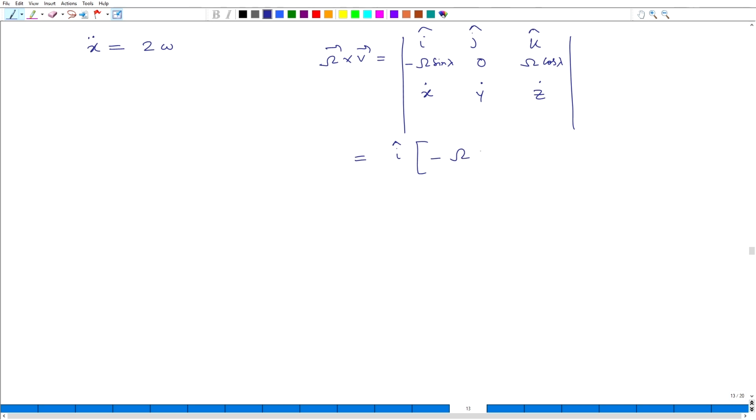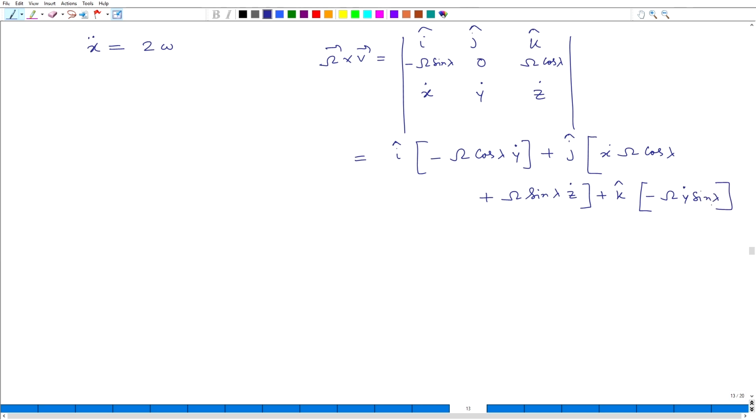Then I will have i minus omega cos lambda y dot, plus, with j, I will have this minus this, x dot omega cos lambda, minus of minus, so plus omega sin lambda z dot, plus k cap minus omega y dot sin lambda.